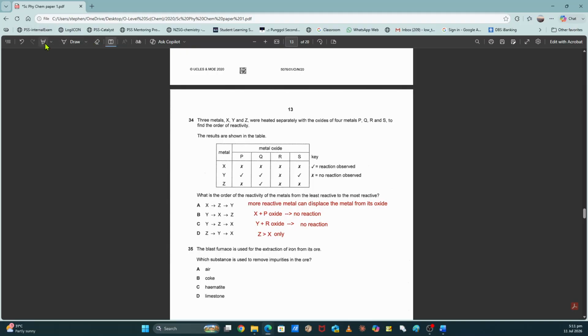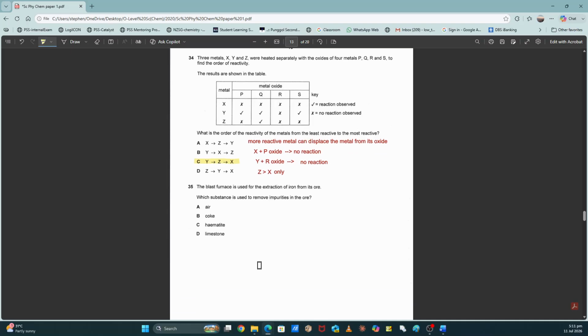So if you look at this logically, the only answer is C because Y is more powerful than Z. Y is more powerful than Z. Okay, Y can displace Q. Yes. Just take some time to understand. Question 35 is no longer in your syllabus, but if you want to know the answer, okay.